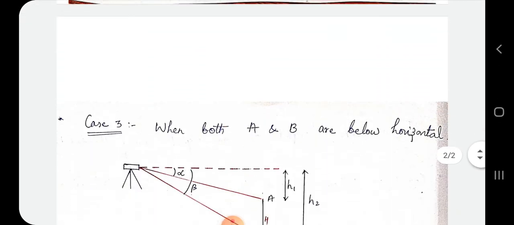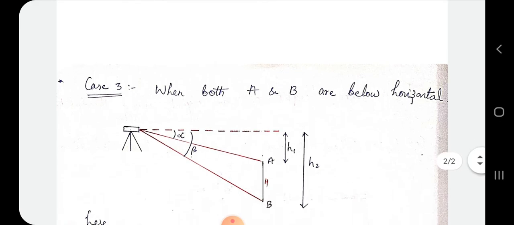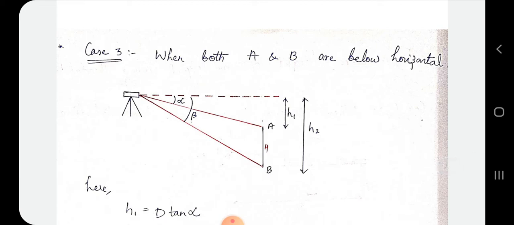Now the third case, that is when the points A and B, the top end and bottom end of the object, are below the line of sight or below the horizontal.